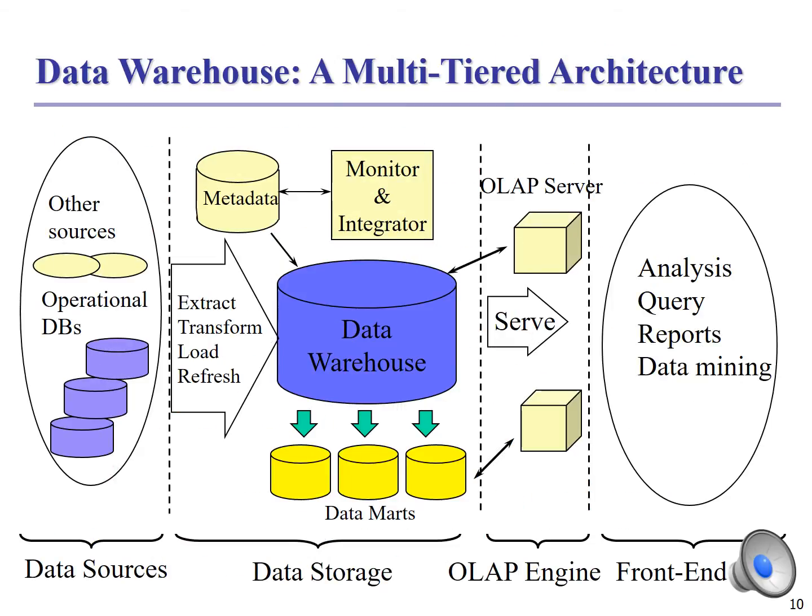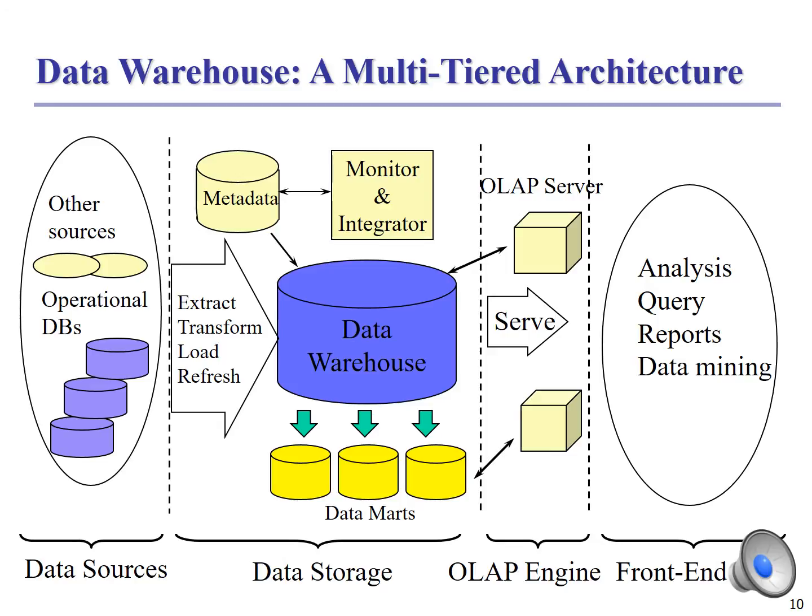Now let's look at the data warehouse database and what the architecture of a data warehouse database looks like. Before we try to understand the data warehouse, you can separate it out into different layers. The bottom layer, or the very first layer of the data warehouse, contains the data sources.